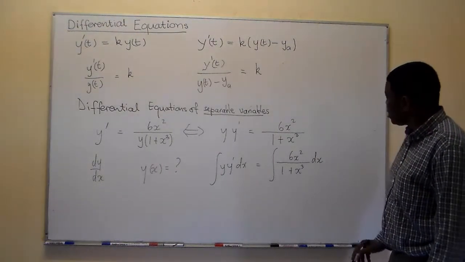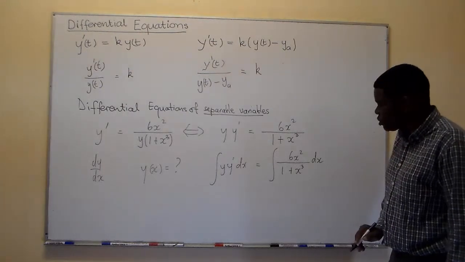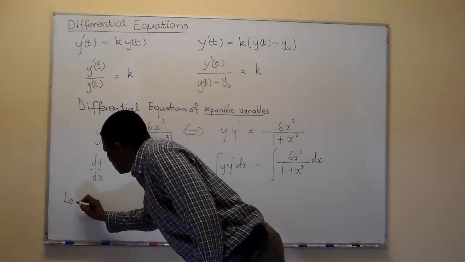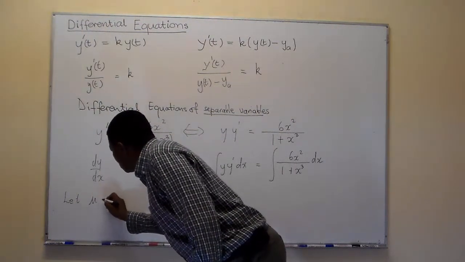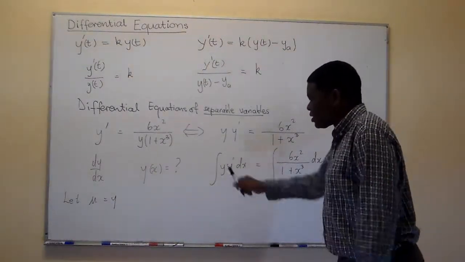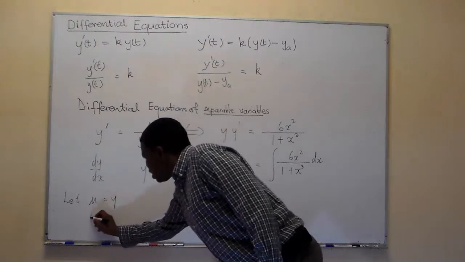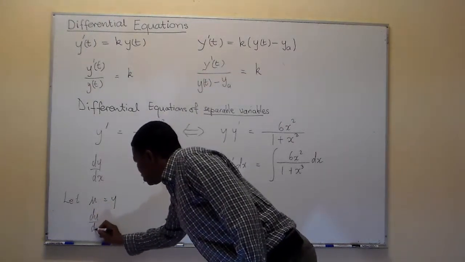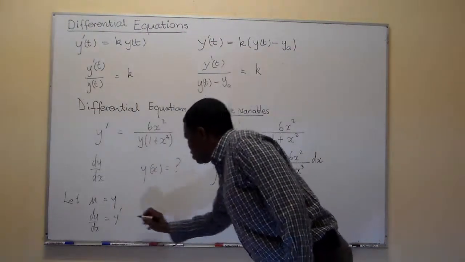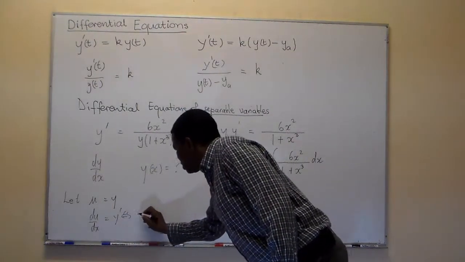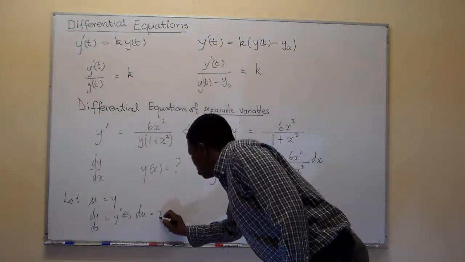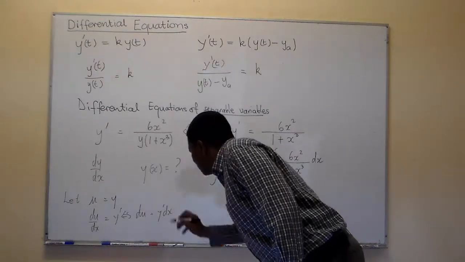What we can appeal to now is our method of substitution. Let u be equal to y, dealing with the left hand side, and then du/dx is equal to y prime, which is equivalent to saying du equals y prime dx.